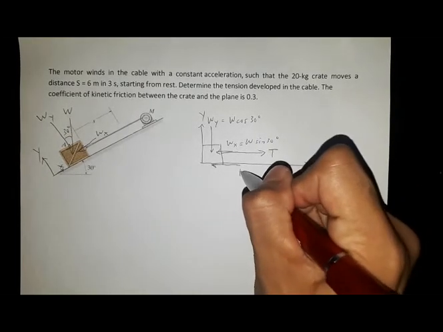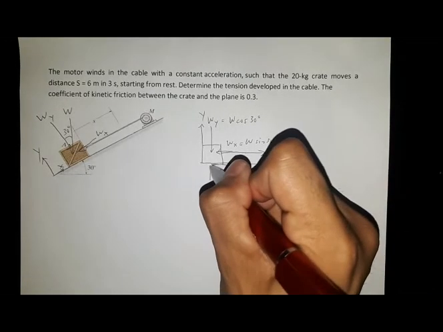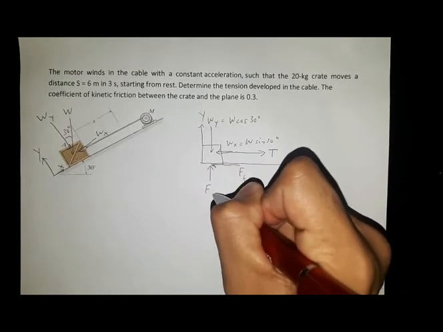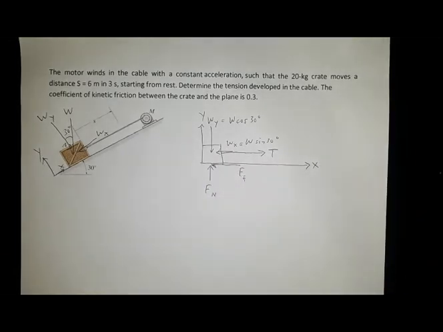So we have F sub F, and we have the normal force F sub N. Those are the forces acting on the system.